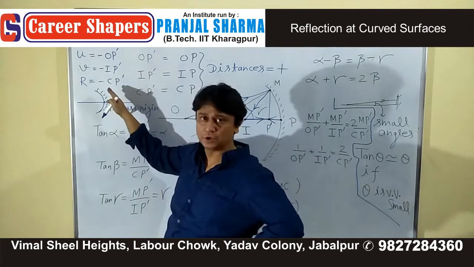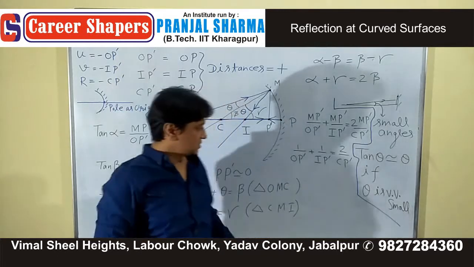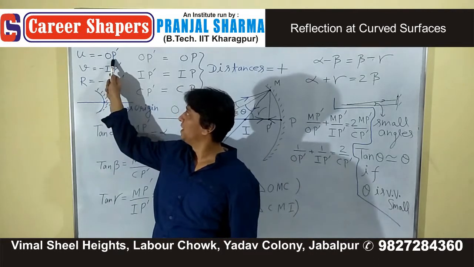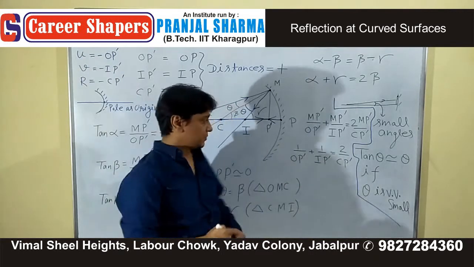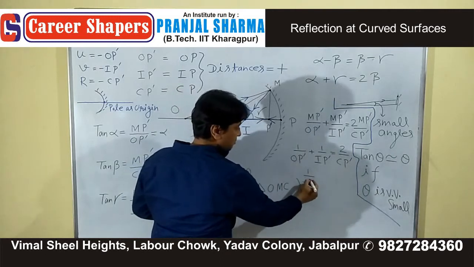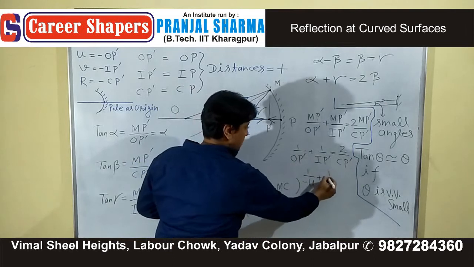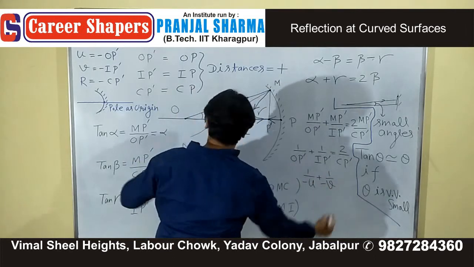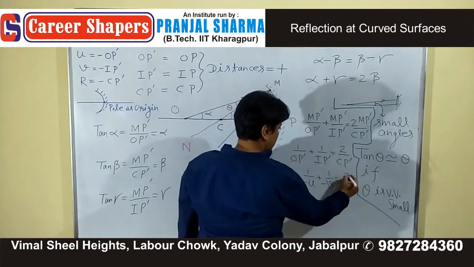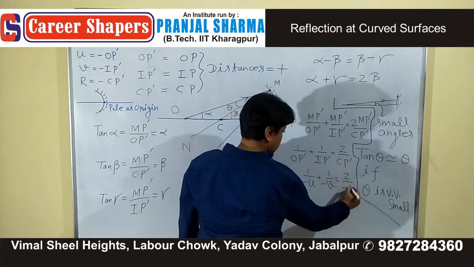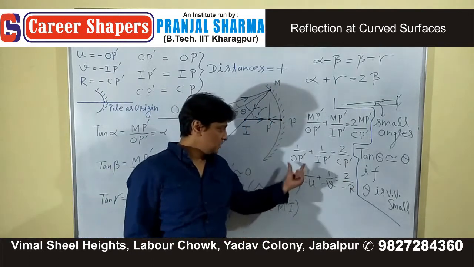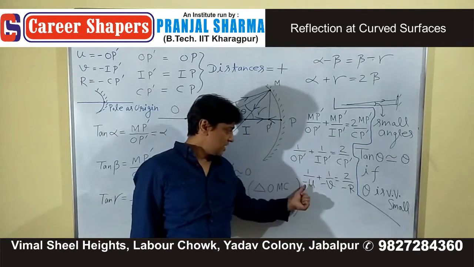Once you found these values, let's put these values back in this equation. OP dash, what is OP dash? Minus of U. IP dash becomes minus of V. CP dash becomes minus of R. Now some people think, so you are saying these are distances, then how come they are negative now?